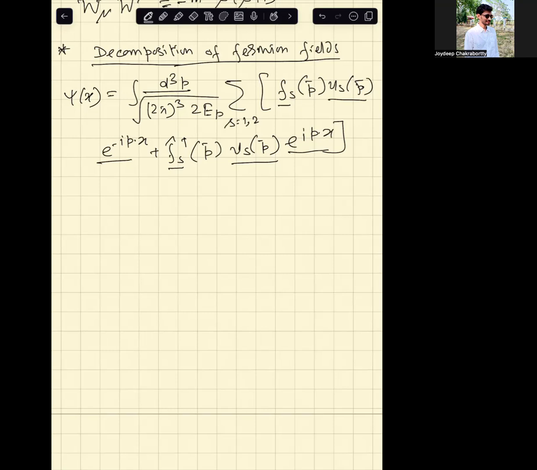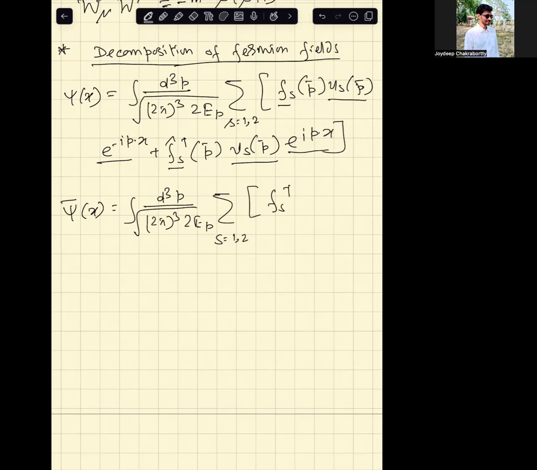Okay. So now, in the same way, we can write down the conjugate field ψ bar as ∫ d³p by (2π)³ 2E_p, and then a sum over the two spin polarization states.